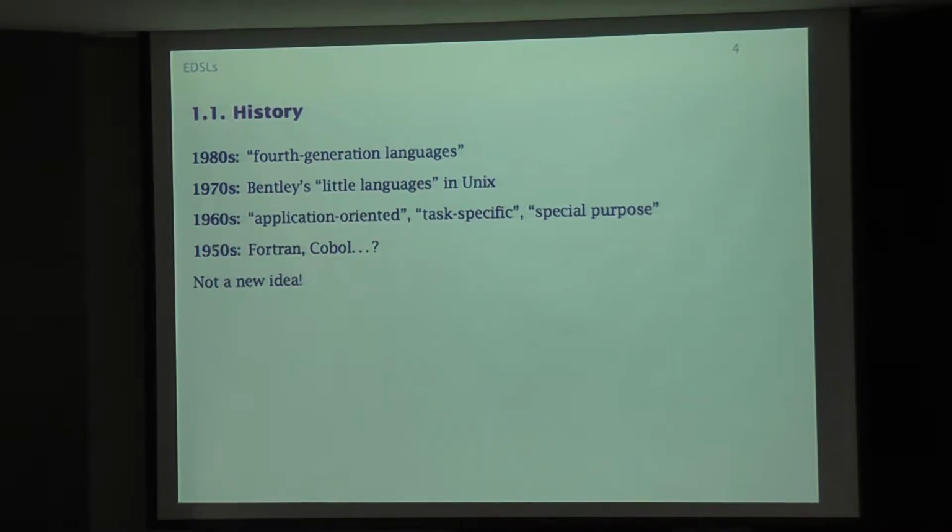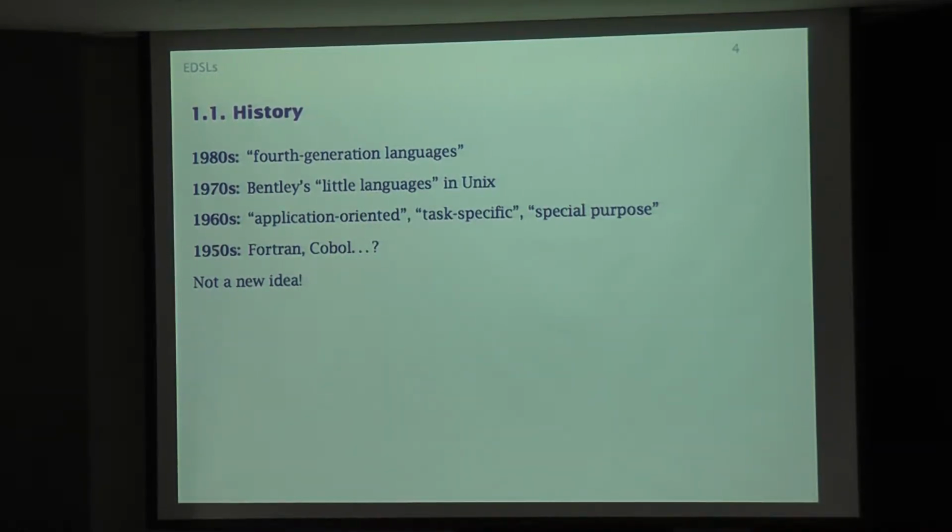You're probably all too young to remember any of these, but in the 1980s there was this move towards fourth generation languages. So third generation languages are general purpose programming languages. So the languages at the time were C and Pascal, but now Java and C# and Haskell and so on. We would call them general purpose languages. They're still third generation languages in some ontology of language generation.